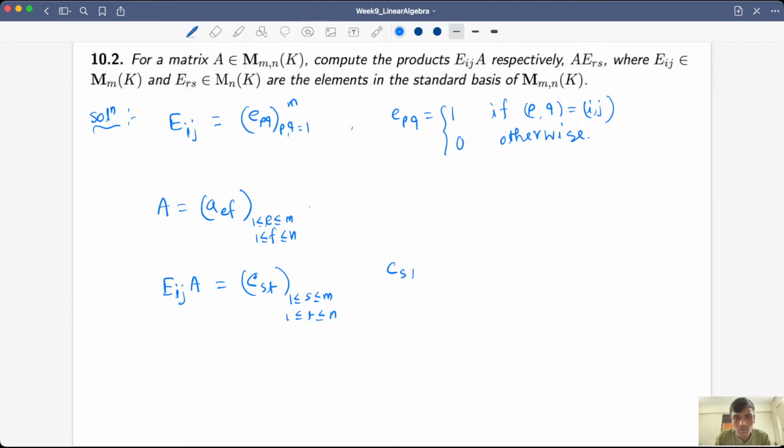C_st, by the matrix product rule, will be the sum over k equal to 1 to m of (E_ij)_sk times (A)_kt, right?